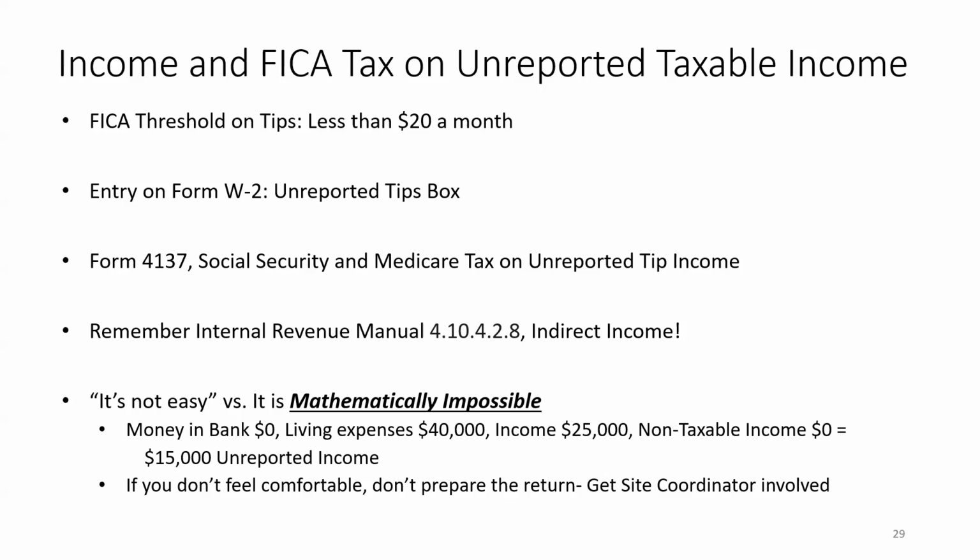Sometimes individuals receive tips and they're not reporting it to their employers, and that happens all the time. If the individual has to report their Social Security tax because they didn't report the tips to their employers, then they'll fill out an IRS Form 4137. This is within scope of the VITA program, so you'll see this from time to time.